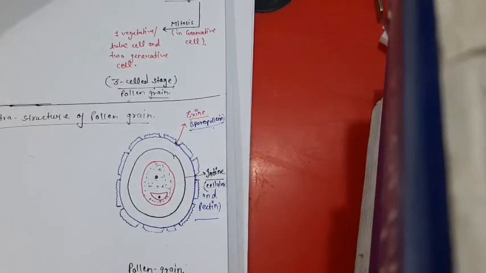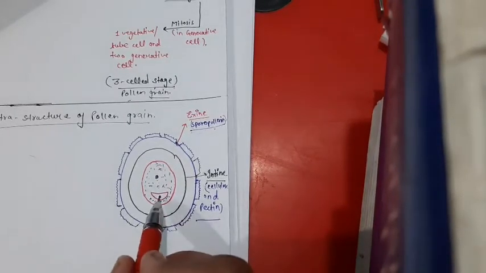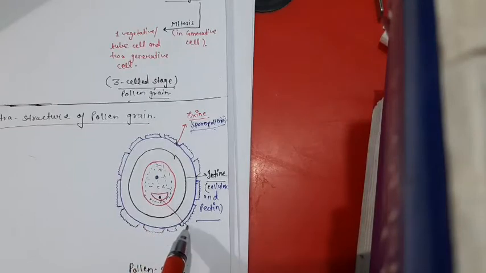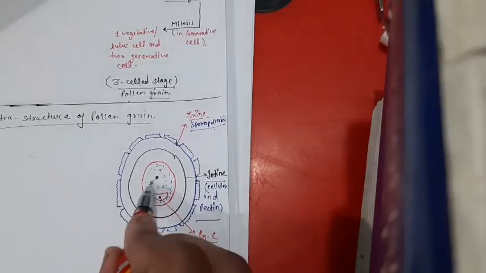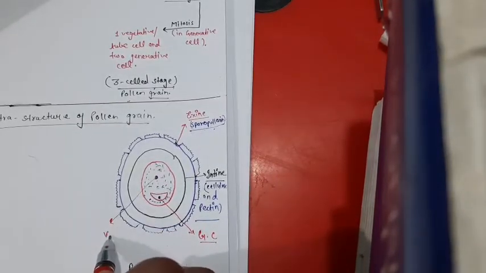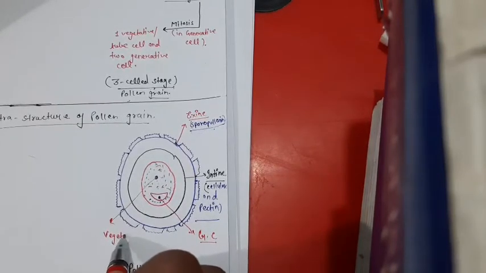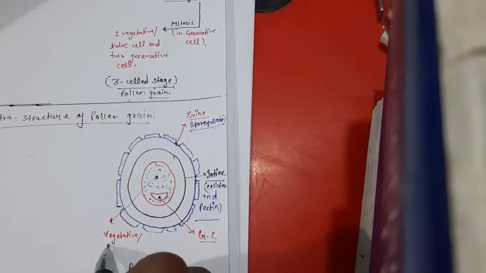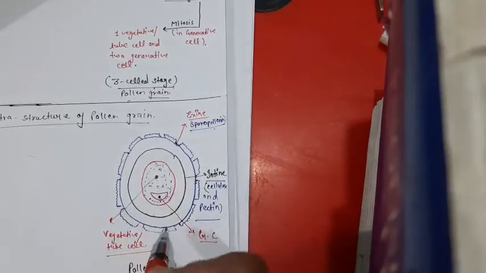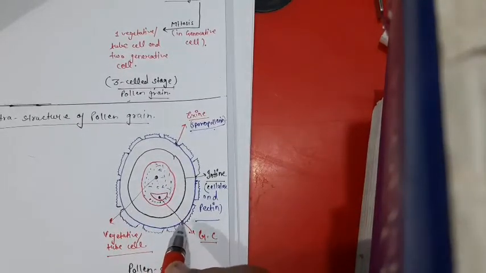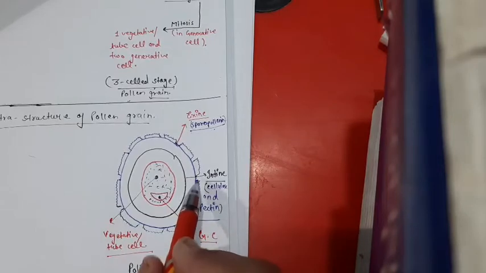Now friends, this part you know already. Inside we can write generative cell, GC. It is the vegetative or tube cell present in the cytoplasm. This one is cytoplasm, and here there is a gap. You see some gap here.